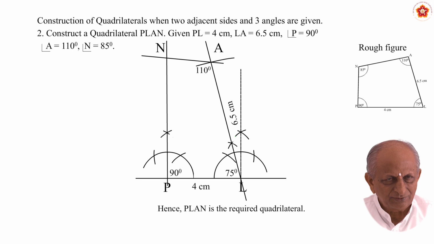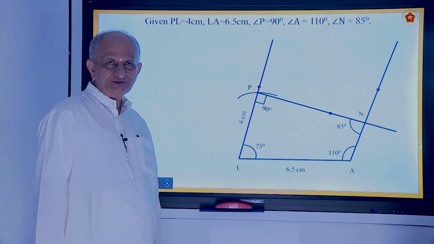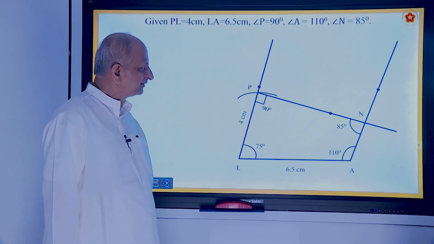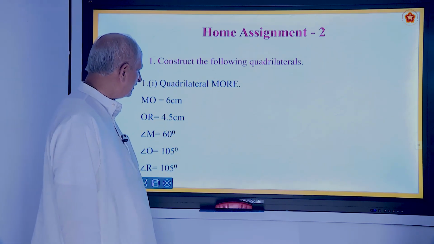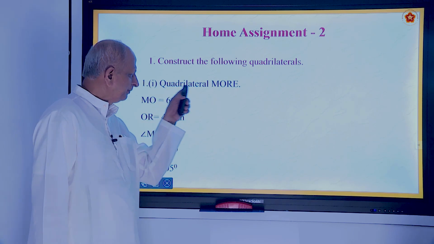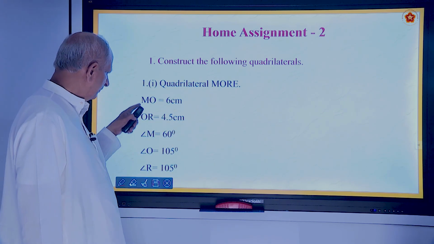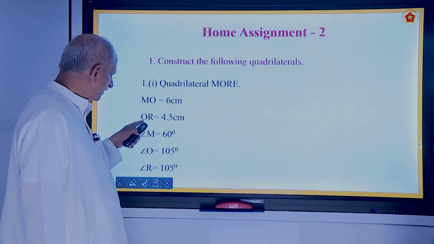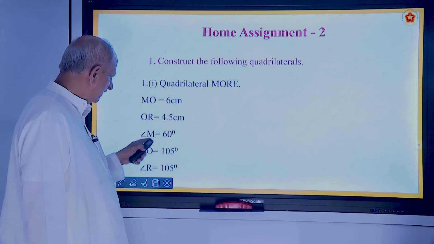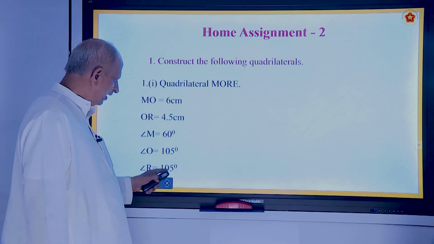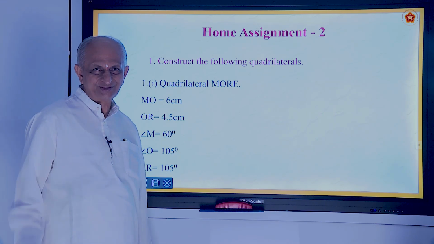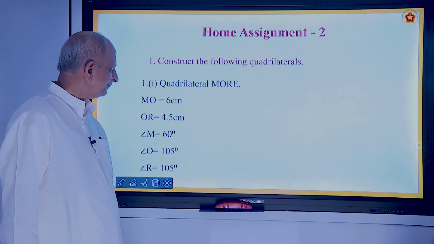Okay. Thank you. So shall we see the home assignment? Yes, first question, construct the following quadrilaterals. Quadrilateral MORE: MO is 6, side OR is 4.5, angle M is 60, angle O is 105, angle R also is 105. So, 3 angles and 2 sides are given.